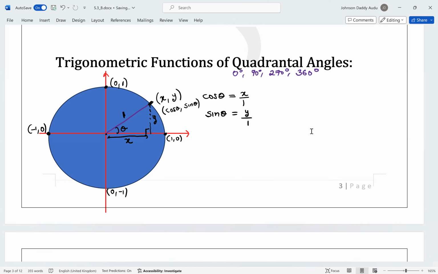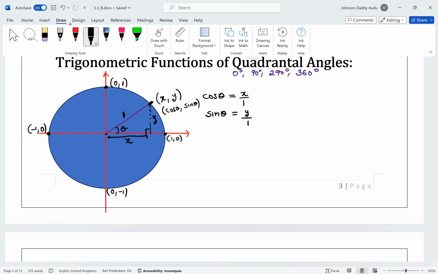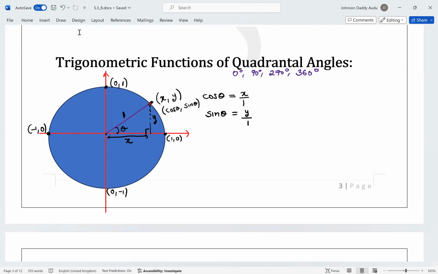Now, if we look at this point here, here we have theta. This point can be shifted. If we shift it down, this will become our theta. We can shift it again until this terminal line is on the same line as our x-axis.